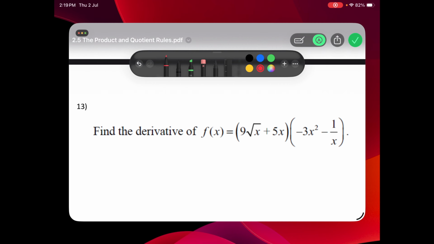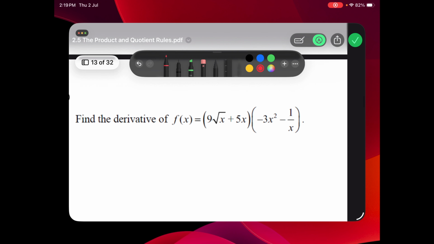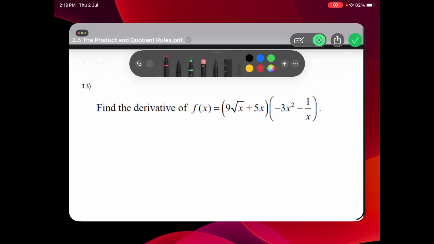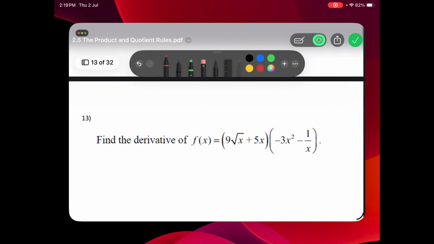So here find the derivative of this function, and undoubtedly here, guys, we have to apply the product rule, but there are two things to highlight before I even start. One thing is, what is the derivative of radical x? It's not useful to change it to a power, so please memorize the derivative of this.